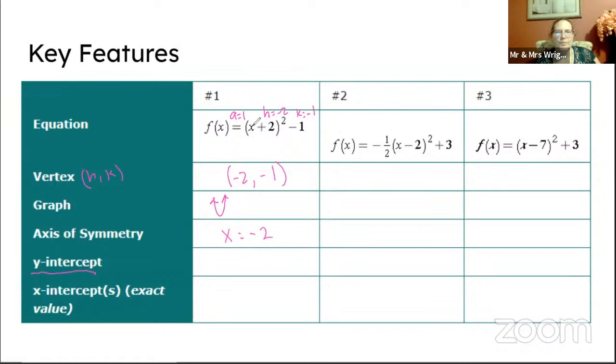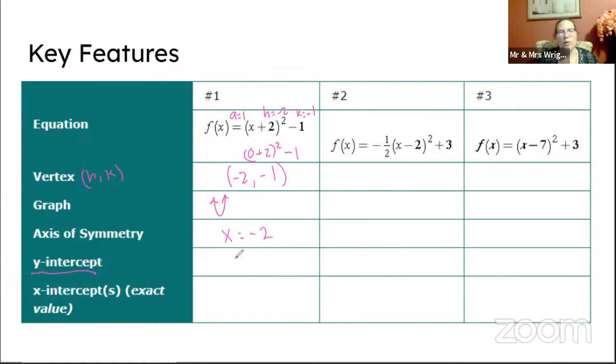So we're plugging in 0 for X, and we're going to have (0 + 2) squared minus 1. Let me go ahead and put this in. We're going to use our calculator. Parentheses, 0 plus 2, close parentheses, squared, minus 1. And what do I get? I get 3.